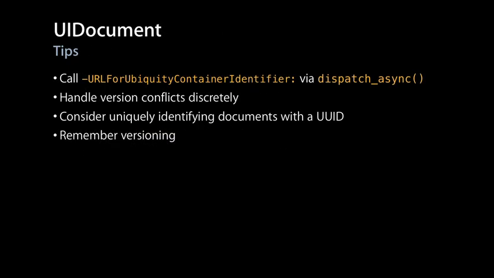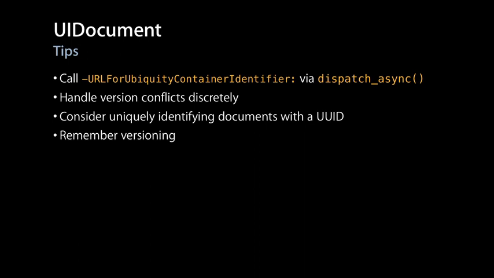So let's talk about some tips for working with UIDocument. First and foremost, remember, you need to make sure you call URL for ubiquity container identifier via dispatch async. It's very important you call that asynchronously. Now, when it comes to version conflicts, you want to make sure you handle these discreetly.